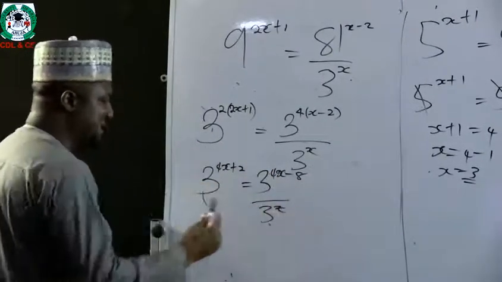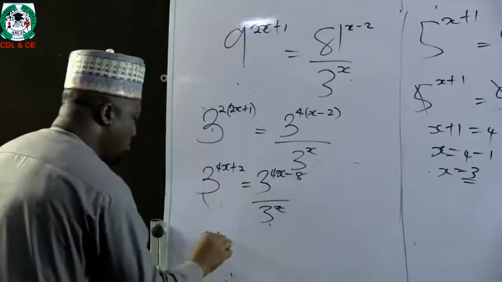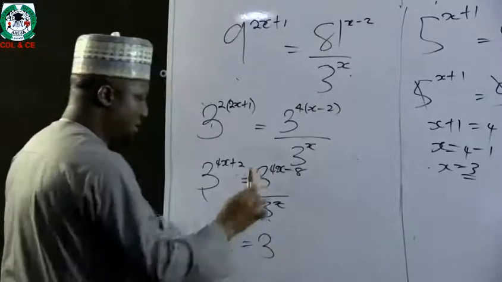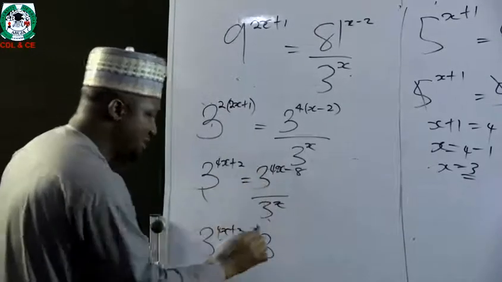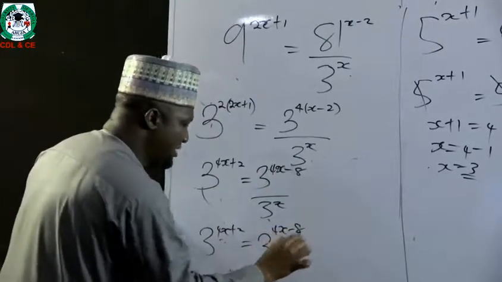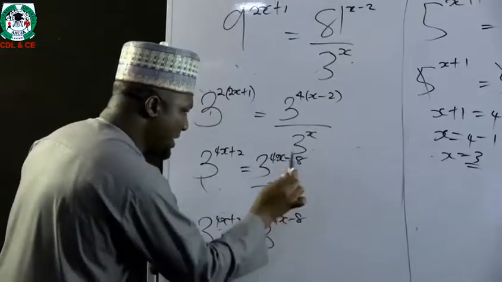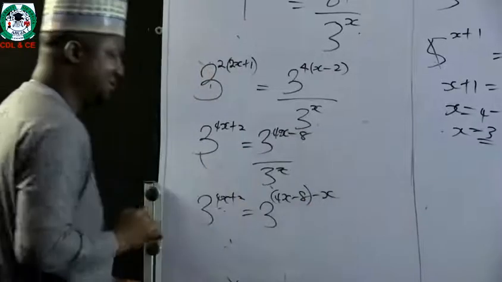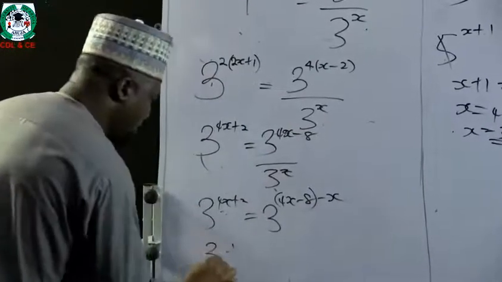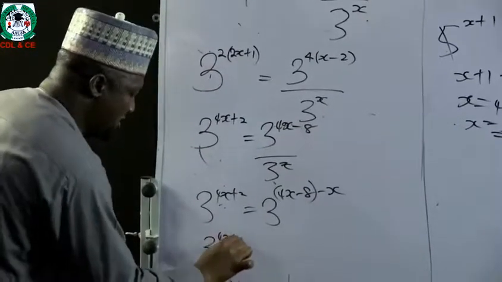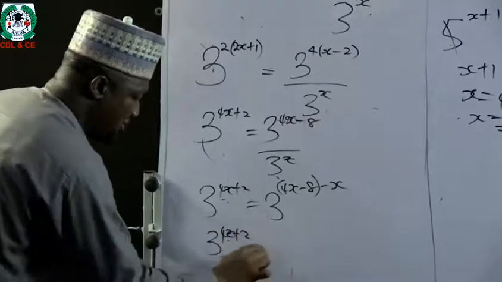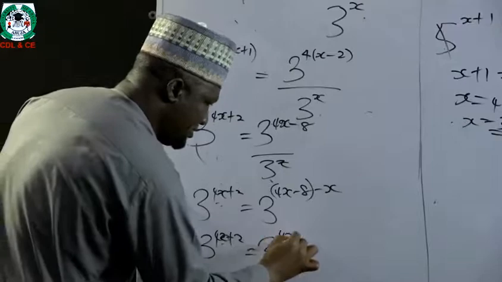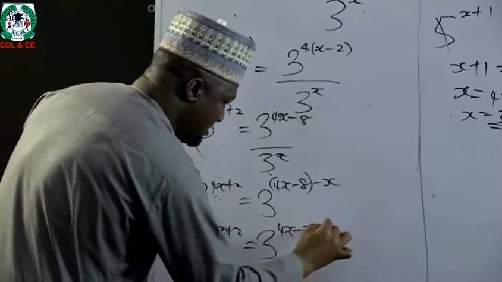Since these are dividing each other, this is 4x minus 8, then we subtract the index. This 4x minus 8 is subtracting x. Then we continue. This is 3 raised to power 4x plus 2, which equals 3 raised to power 4x minus x minus 8.